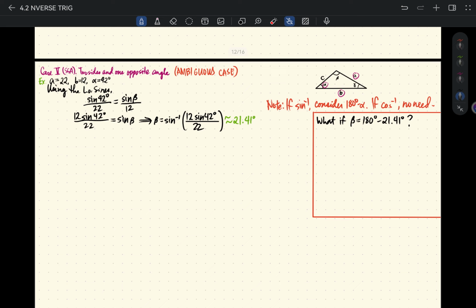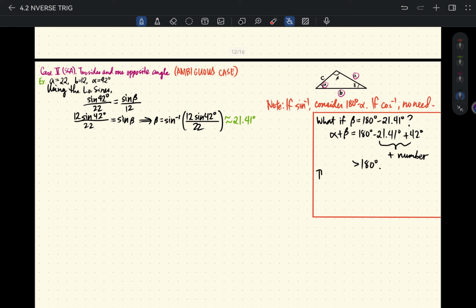21.41 degrees. If this is the case, observe that alpha plus beta would be 180 degrees minus 21.41 degrees plus 42 degrees. You have right here a positive number. So this one is greater than 180 degrees.